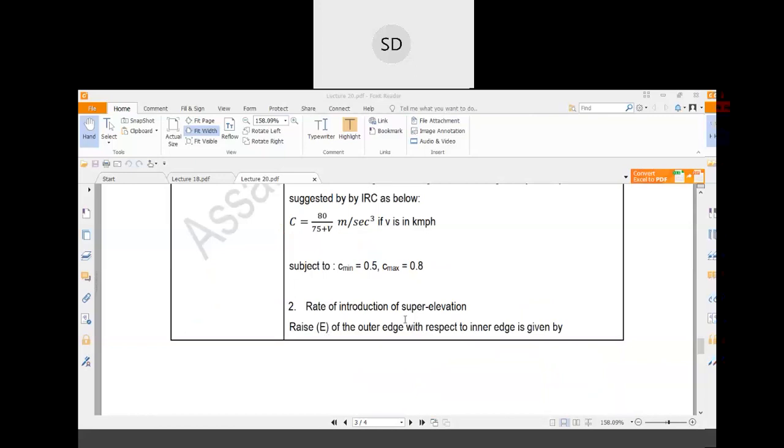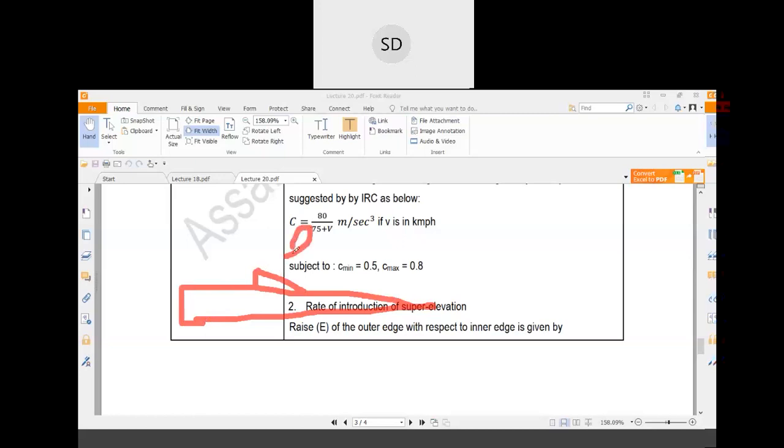Now our next thing is the rate of introduction of the super elevation. In the super elevation design, suppose the total width of the pavement is B, including the extra widening provided in the horizontal curve. This is basically the slope of the curve, which is nothing but the rate of the super elevation.